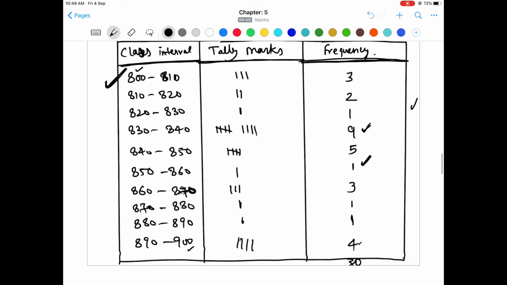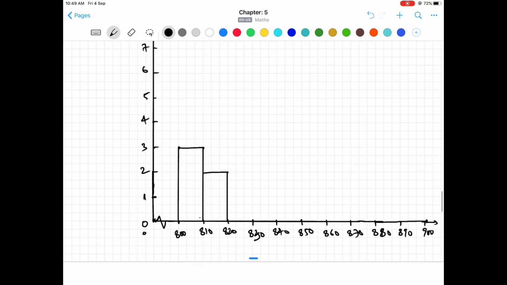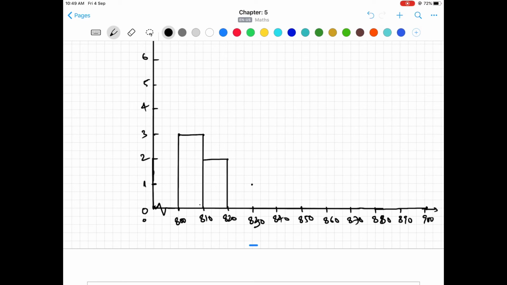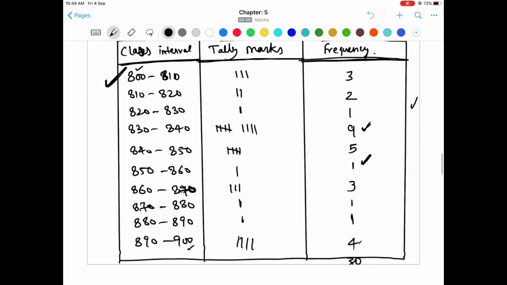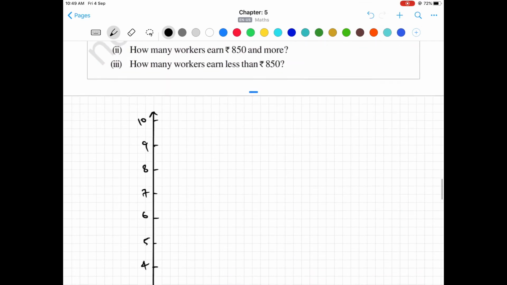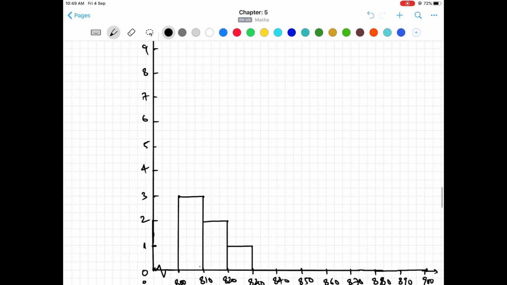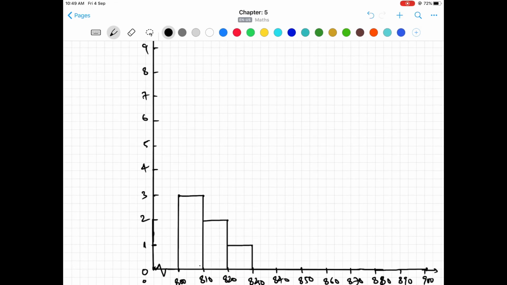After this we have between 820 to 830 is 1, so it will be up till here. Next one is 830 to 840 is 9. So this time this bar will be raised up to 9, so it will be like this.